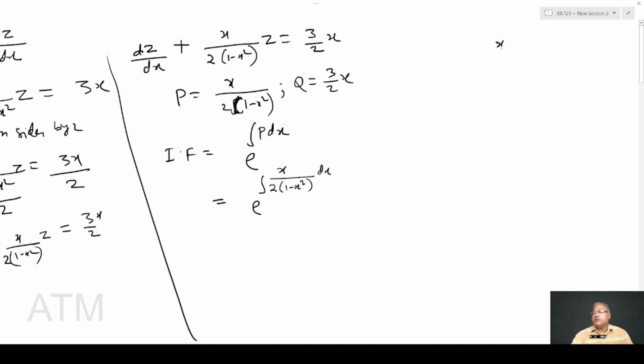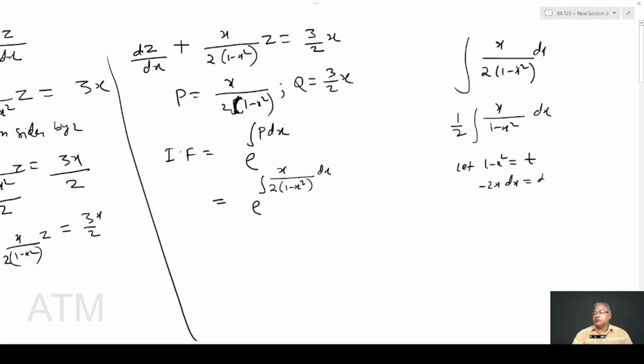Now this integration we will do in the rough work. Integration of x upon 2 into 1 minus x square with respect to x, and 1 by 2 taken outside, x upon 1 minus x square with respect to x. Let 1 minus x square equal t. So minus 2x dx equals dt. This is the substitution method.